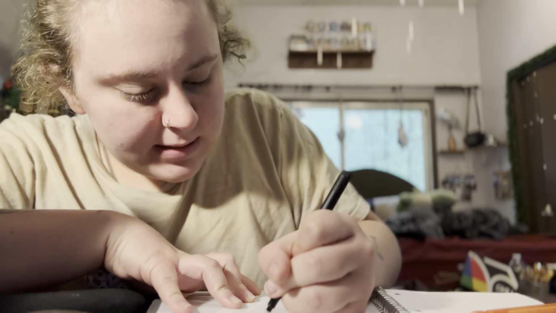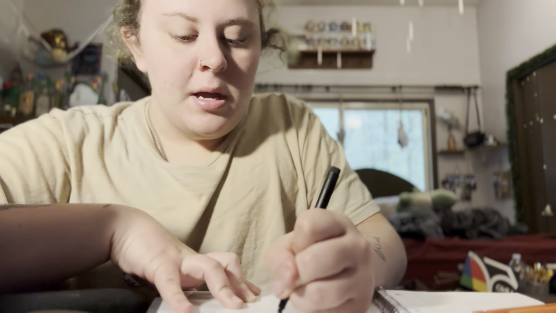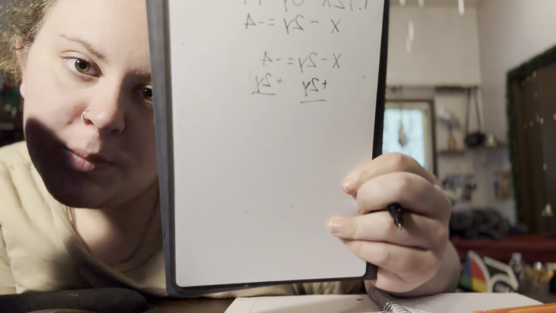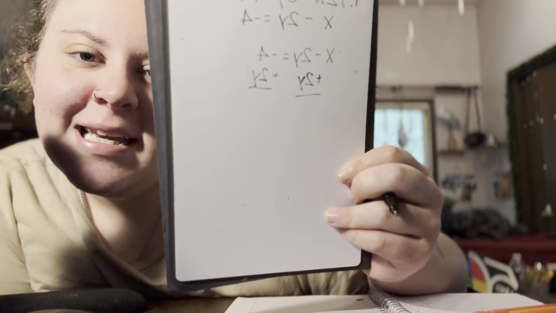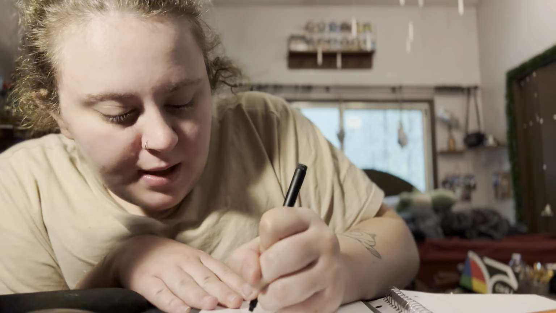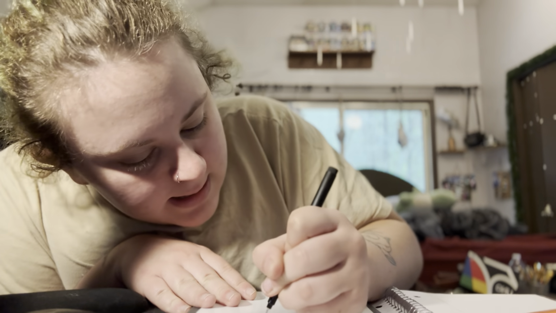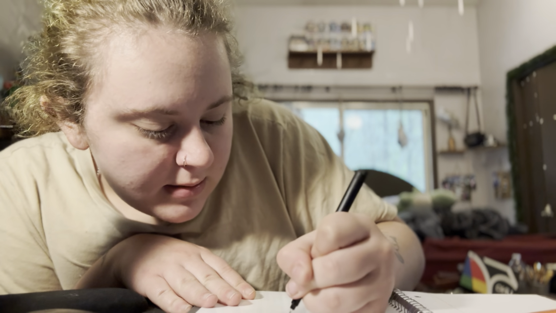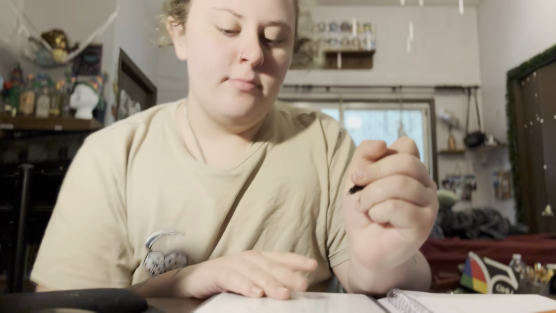So plus 2y. Do you know why we're adding 2y? Because it's a negative 2y, yeah. So we are going to be left with x equals negative 4 plus 2y.